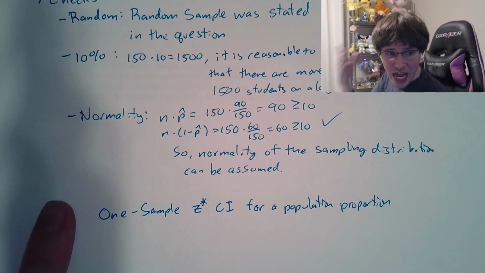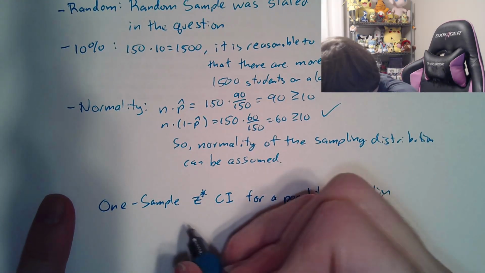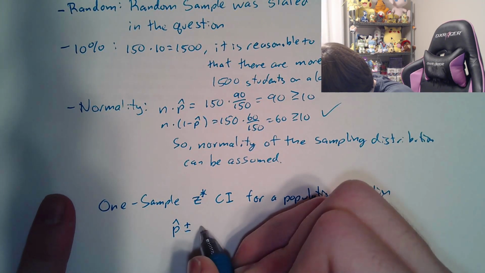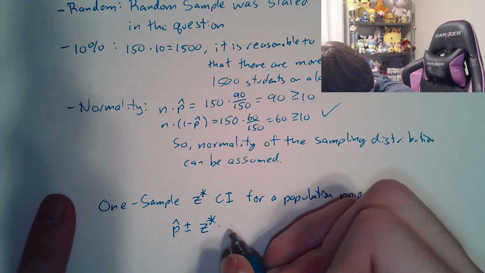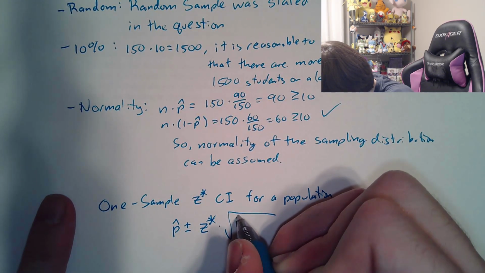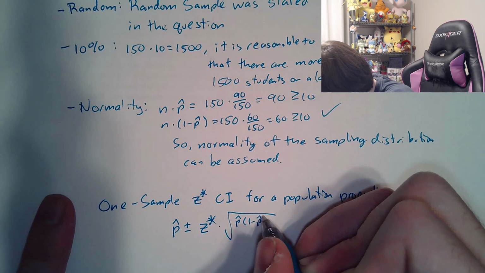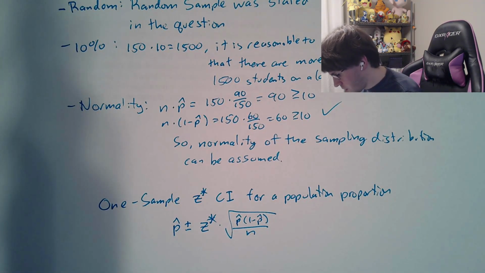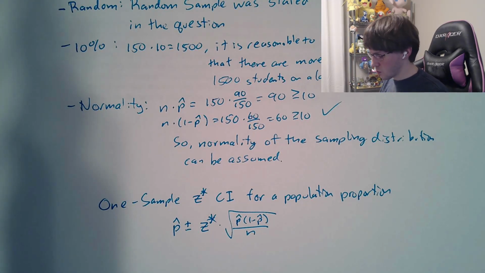So you name it. Then, after you name it, you use the formula that we already know about, our p hat plus or minus z star multiplied by the square root of p hat times 1 minus p hat divided by n.